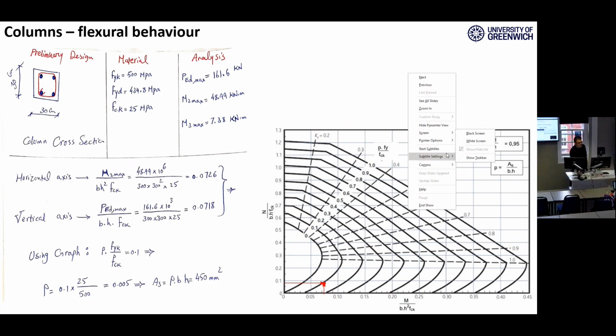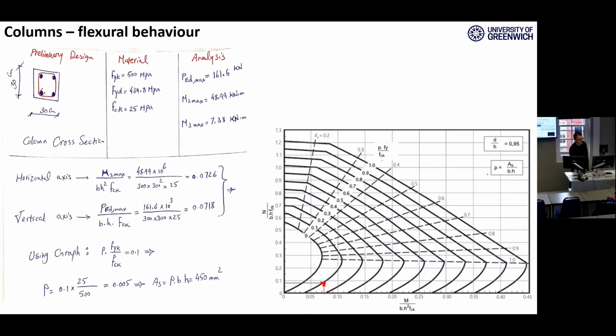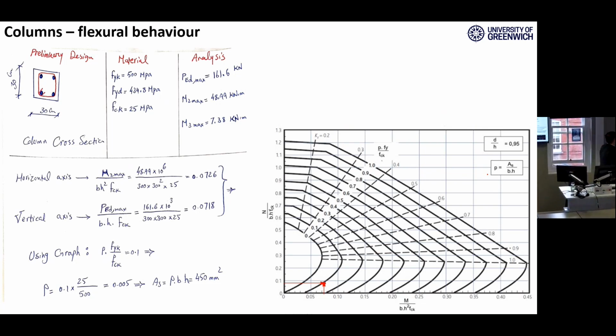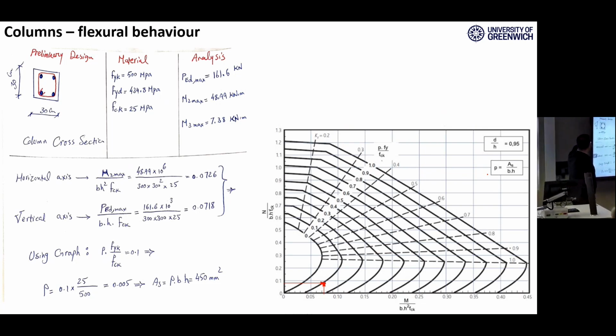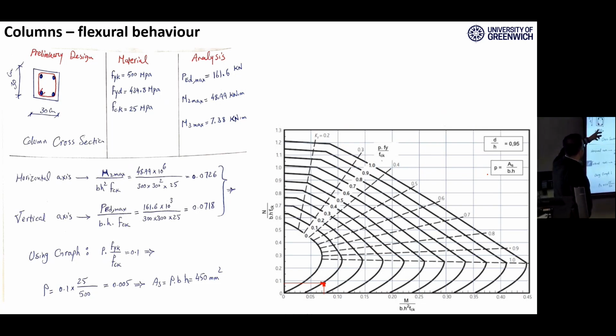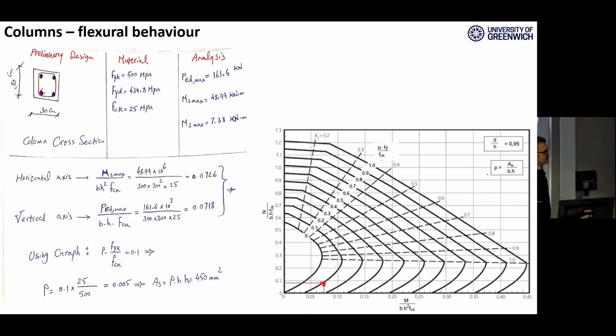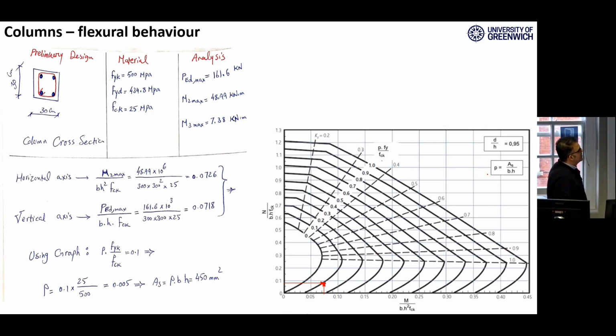And for example, we had a column like this, and the dimensions are 30 by 30 centimeter. The material properties are almost the same as assumptions that we took before for concrete and steel materials.